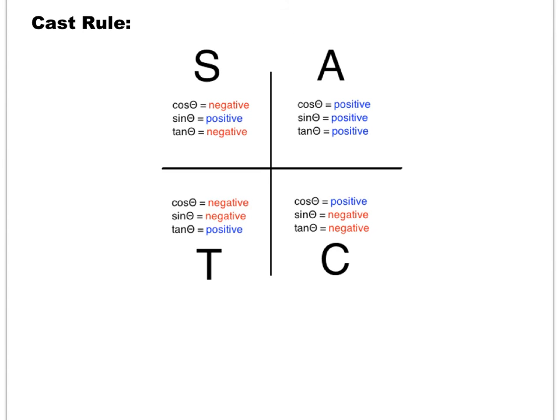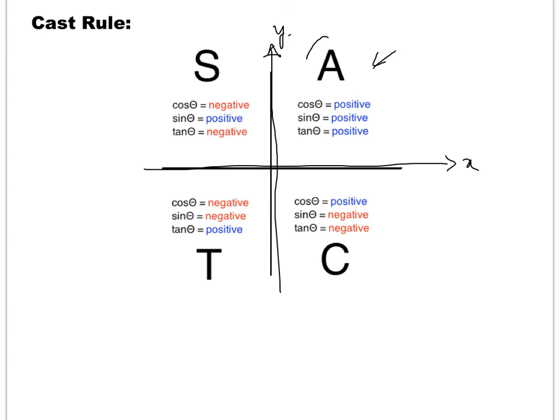Now we are going to talk about what we call the CAST rule. Consider your Cartesian coordinate system as shown here. This is your x and this is your y. We know that in quadrant 1, cos, sine, and tan are all positive.